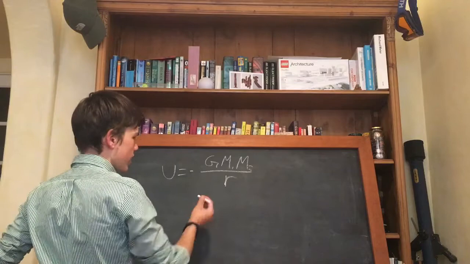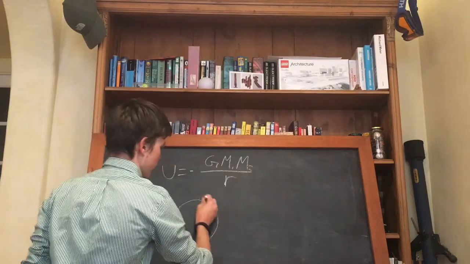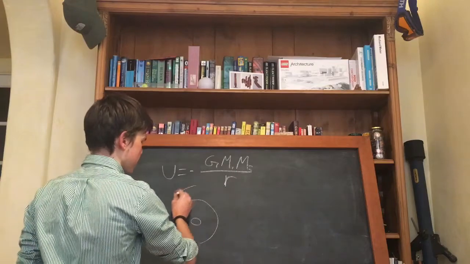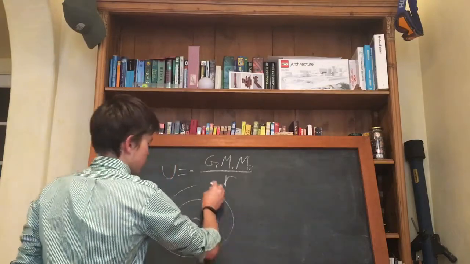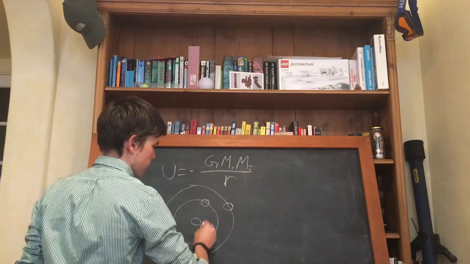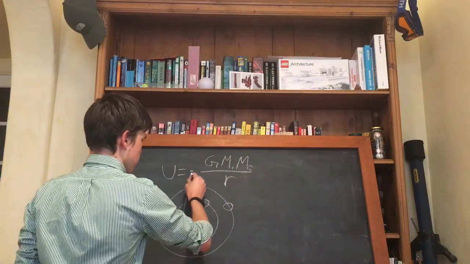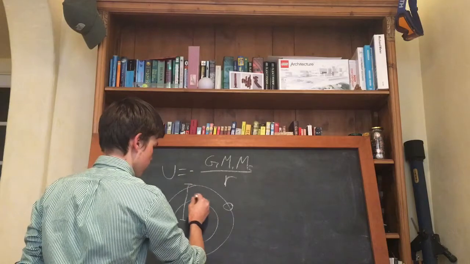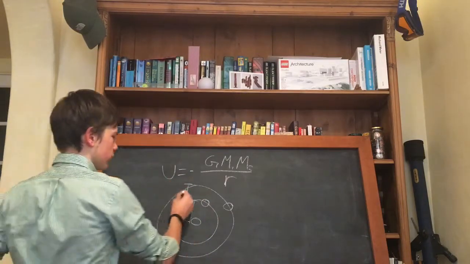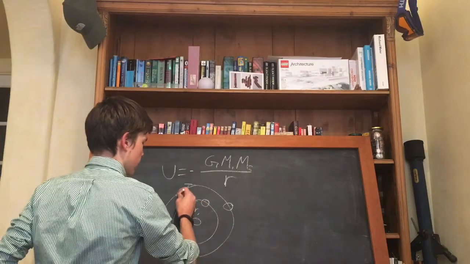All right, so radius, obviously we can have multiple, let's say this is the center. We have two orbiting paths. Here, as you can see, they have different radiuses. Let's call this one R1, this one R2.